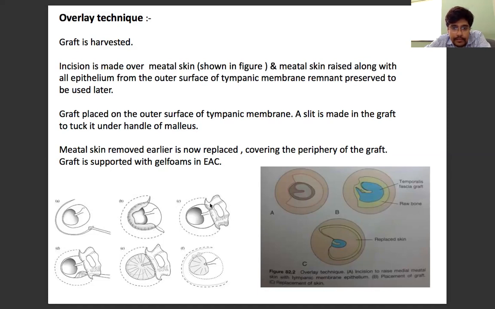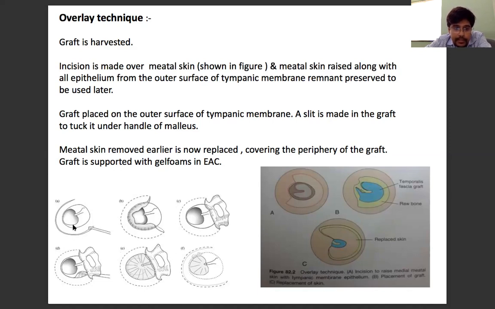In diagram C, you can see the meatal flap with the outermost squamous layer is elevated. Now, as we have already harvested a graft, we'll put the graft over this area. In diagram D, you can see we are putting a graft over this. In diagram E, you can see the graft is placed. The perforation is not visible, but now we are repositioning this squamous layer with the flap.